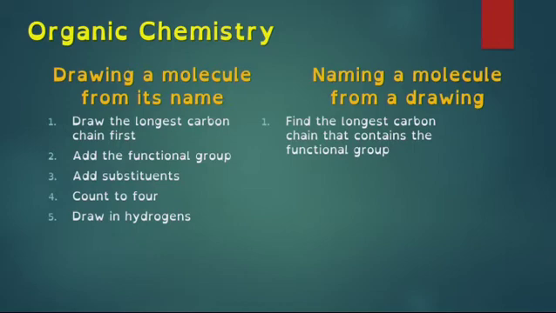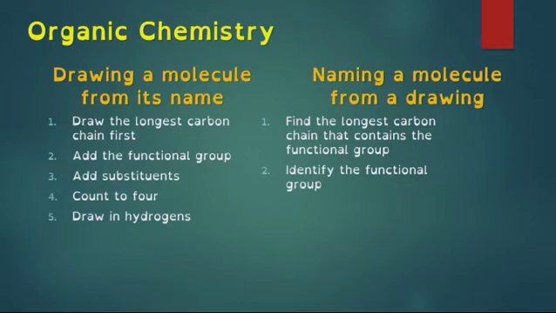And 2, it's not always in a straight line. Guys, when you get a molecule, please do me the favor, make sure that you double, triple check that you have counted the longest carbon chain and not just the straightest carbon chain. Okay. The next thing I do is identify the functional group.